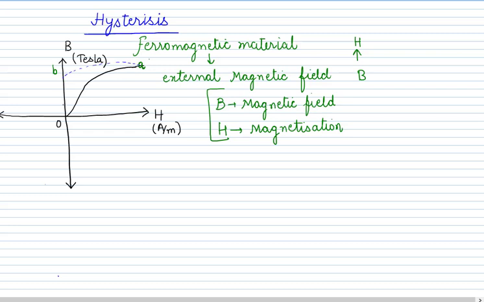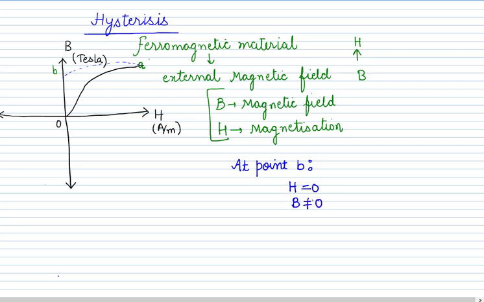Now here you can see that although the magnetizing field H is 0, the magnetic flux density is not 0. That means the ferromagnetic material is still retaining the magnetic property. So this property of retaining the magnetic field or the magnetic flux density, the retained field, we call retentivity or remanence. So at point small b, H is equal to 0, but B is not equal to 0.